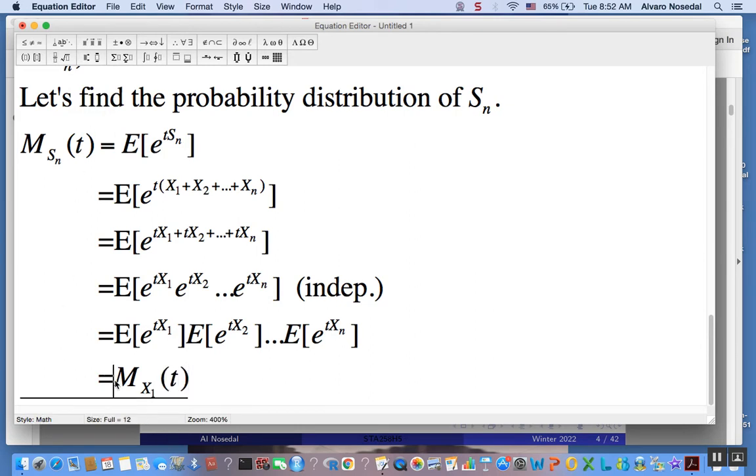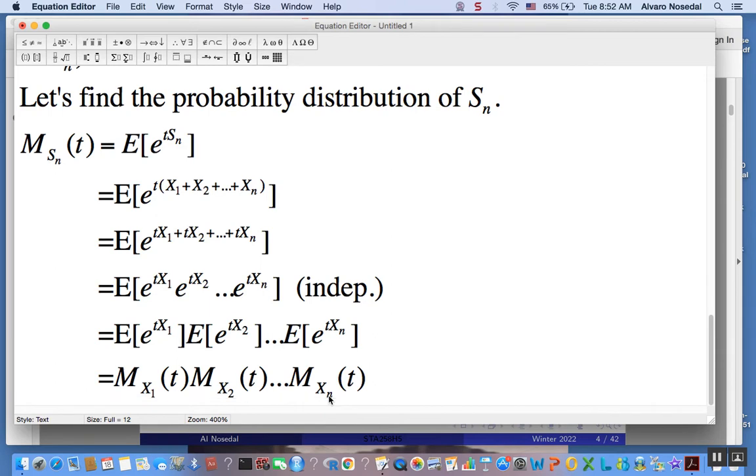The next one is the moment generating function of x2, and so on. We have the moment generating function of xn.